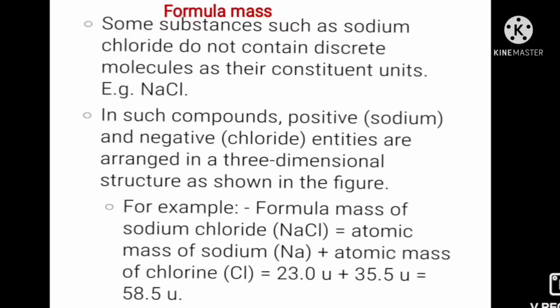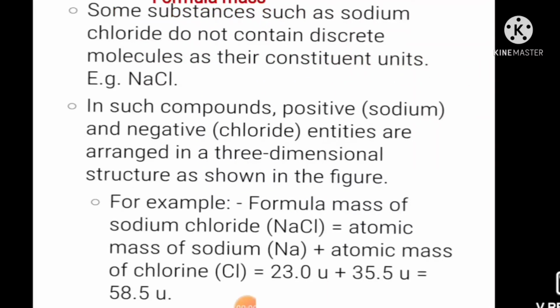In the case of ionic compounds, for example sodium chloride, the term molecular mass loses its significance because no definite molecule exists in such compounds; they do not contain discrete molecules as their constituent unit. It may be noted that in sodium chloride, 1 sodium ion is surrounded by 6 chloride ions, or 1 chloride ion is surrounded by 6 sodium ions.